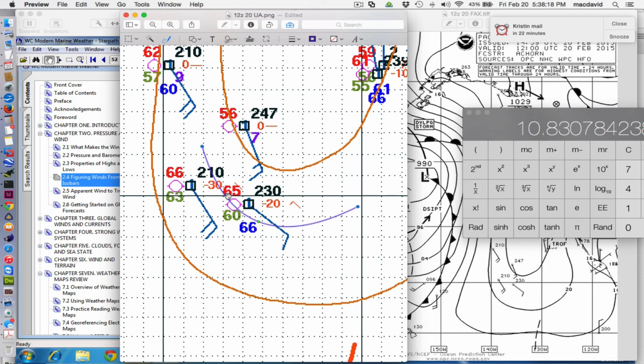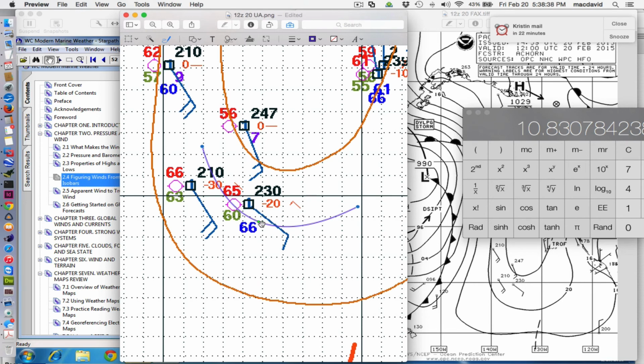You would actually guess that this was a little more pointed out this way. If there's a high and I'm going out of the high, that line should go more like this direction here, which I can draw when I get a real pencil. It really should be a little more westerly.